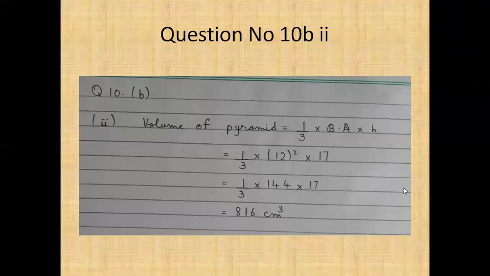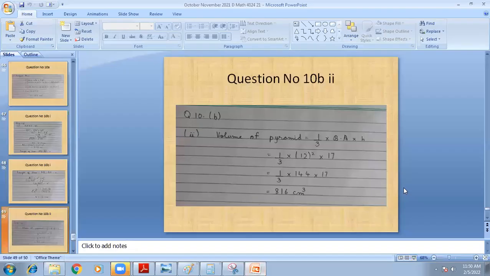The volume of the pyramid will be 1 by 3 multiply base area multiply the vertical height of the pyramid. 1 by 3 multiply 12 square multiply 17. So 1 by 3 multiply 144 and multiply 17, and that will be 816 centimeter cube. 816 centimeter cube, and hopefully you understand this.